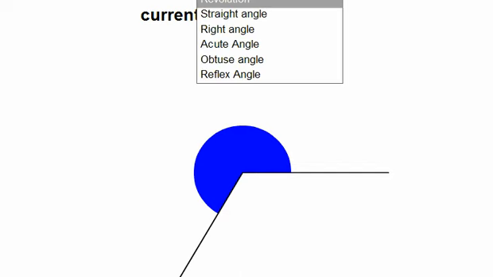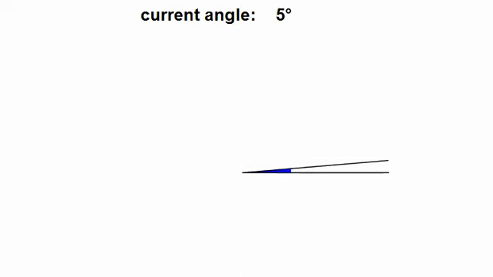And then we have the revolution angle, which is a whole 360 degrees.